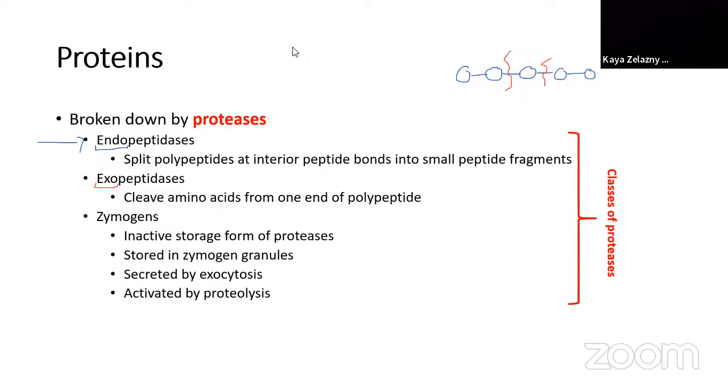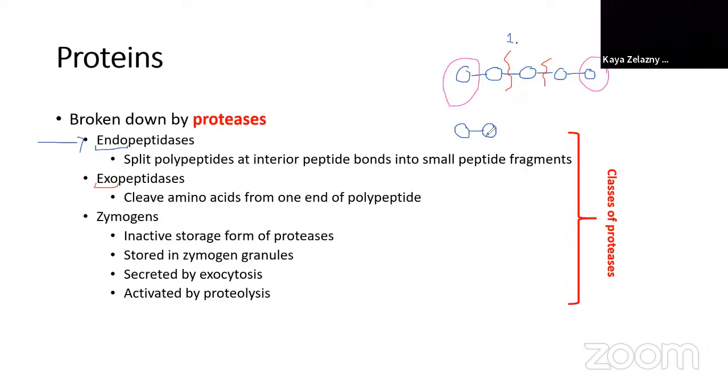Exopeptidases are going to be able to peel off amino acids from one end or the other end of a polypeptide. So we need both in order to get down to a single amino acid, right? Because if you think about breaking this chain, if our first step is an endopeptidase here at 1, that would leave us with these 2 amino acids attached to each other.